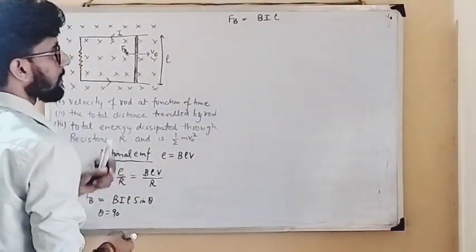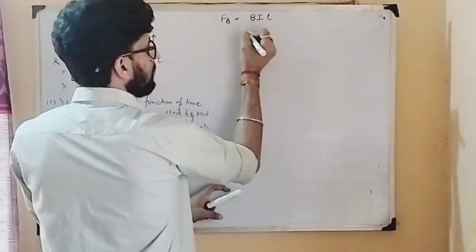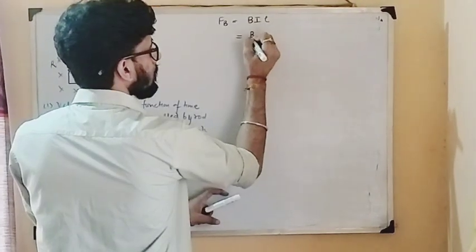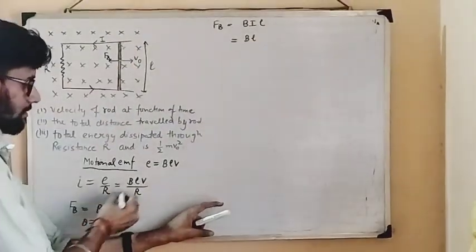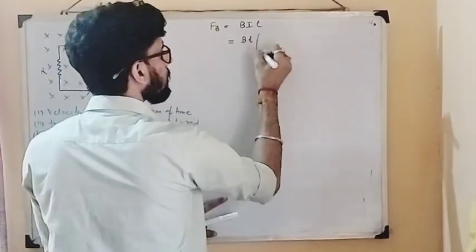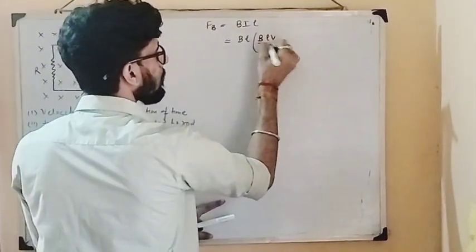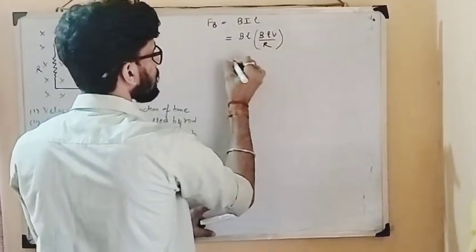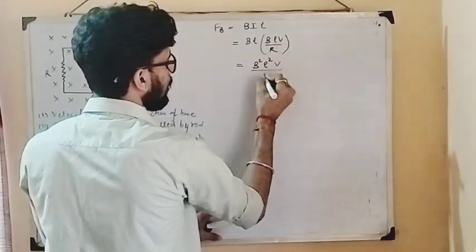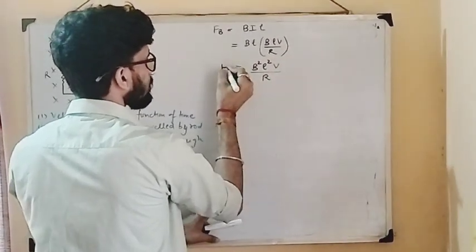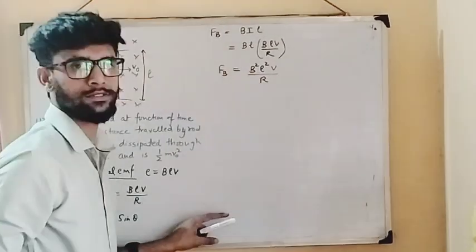We have already calculated I, the value of I is BLv upon R, so we'll put it over here. So what we'll get is B square L square v upon R as our magnetic Lorentz force.